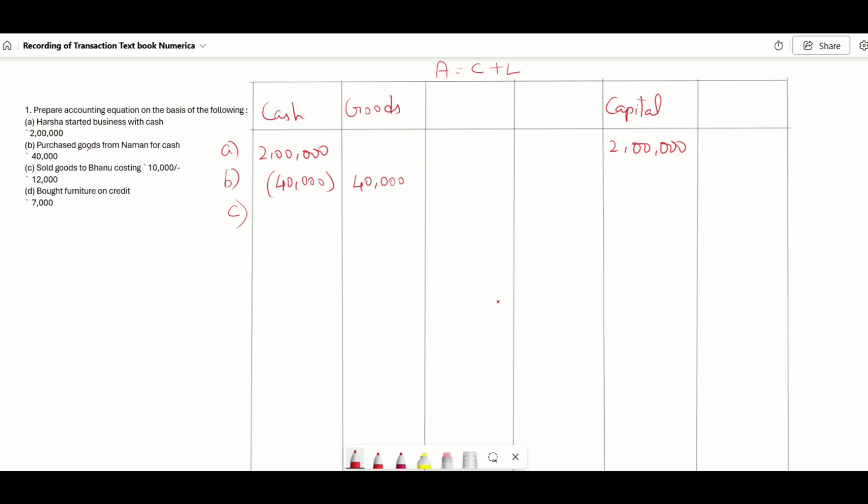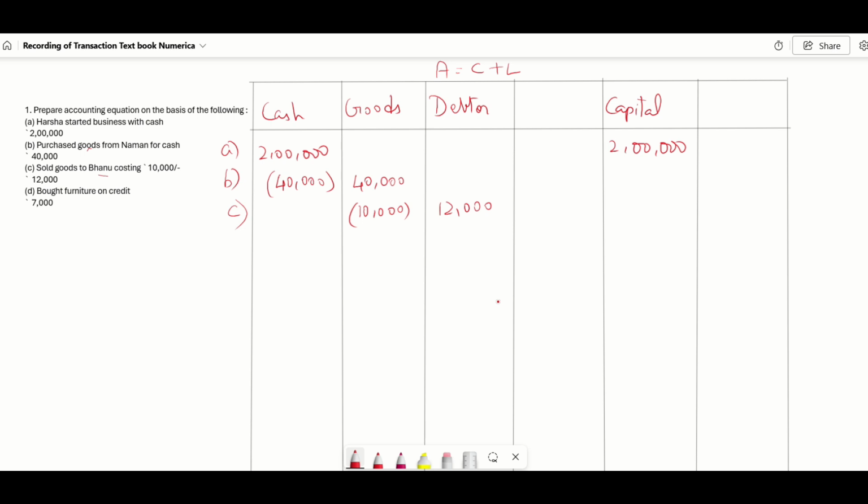Third transaction. Sold goods to Banu costing 10,000 for 12,000. The name is given, which means this is a credit sale. Now goods will reduce by 10,000. If you make a credit sale, what comes in? Banu is a debtor. Debtor is also an asset. How much is Banu supposed to pay? 12,000.